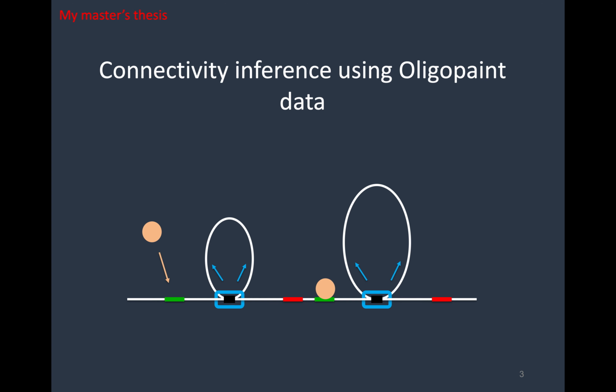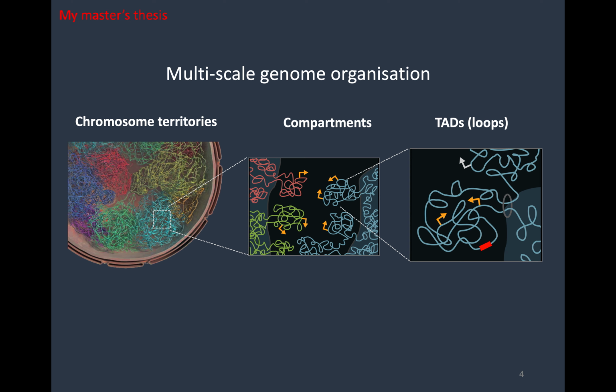So the context of this research is to understand the relationship between the spatio-temporal dynamics organization of DNA and gene expression. If you look at the scale of around 100 nucleosomes, you will observe what we usually call TADs, which means topologically associated domain.